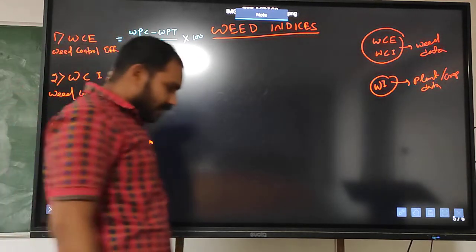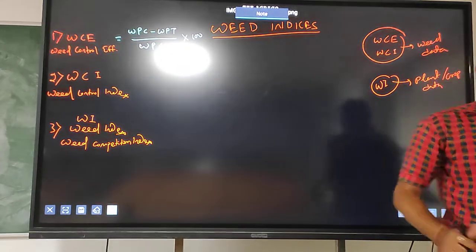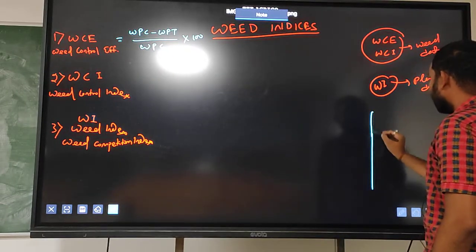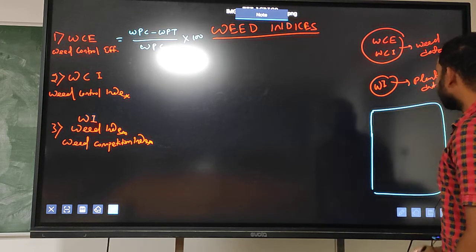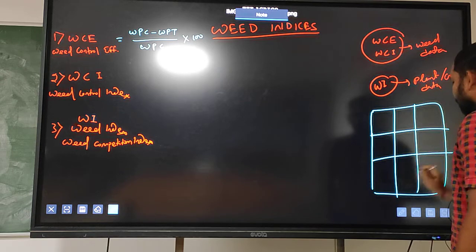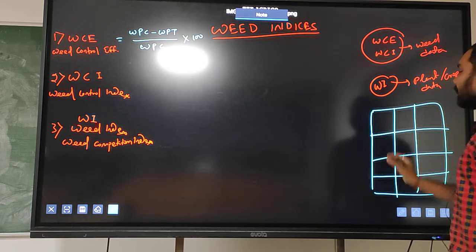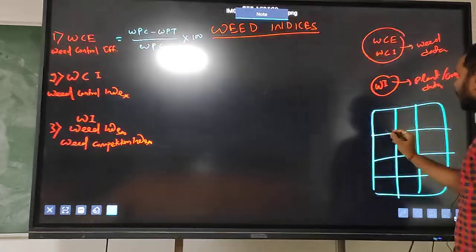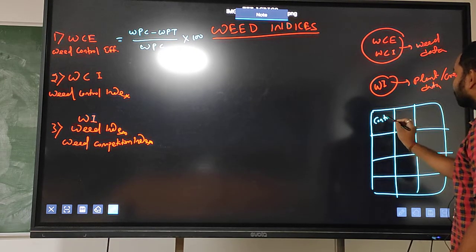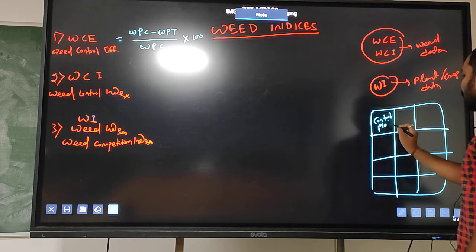This is the simple important thing. So first of all I will define these things. Let us take that this is a field. Here different herbicides are there. This is a control plot.